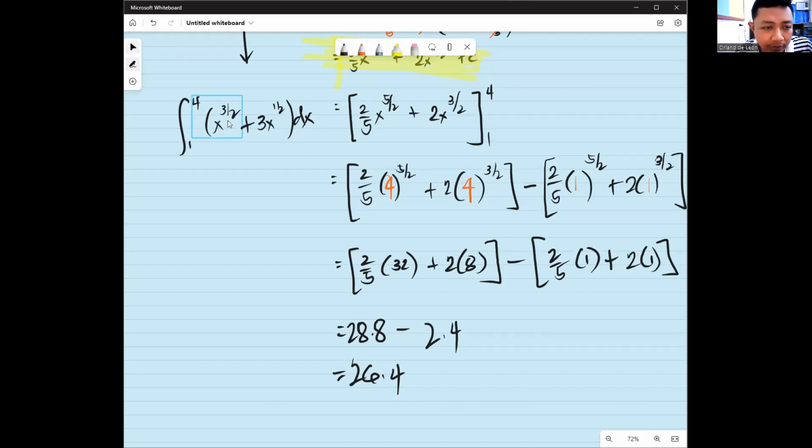Correct. It's 26.4. So therefore, you just have to be friends with your calculator so that you know how to use the different functions of your calculator.